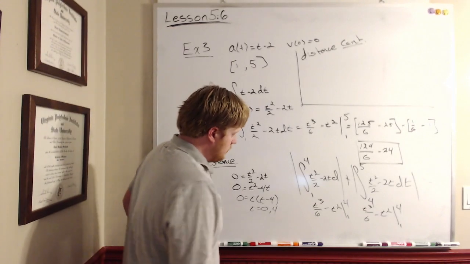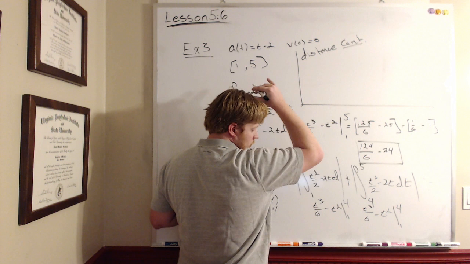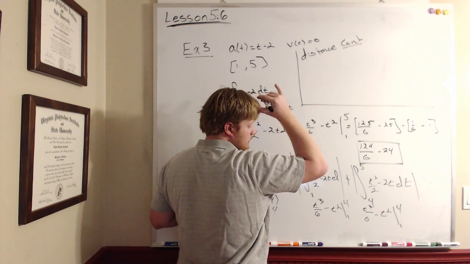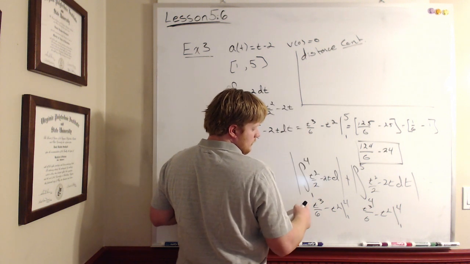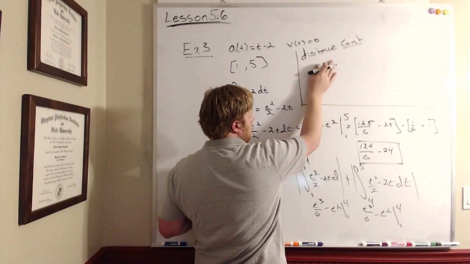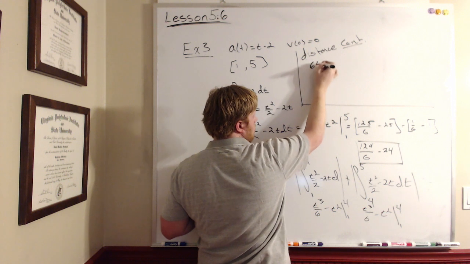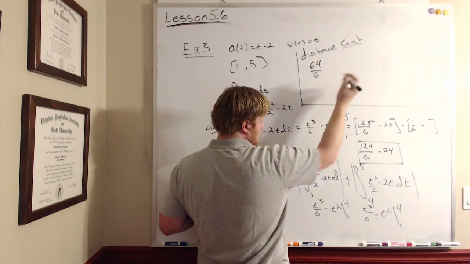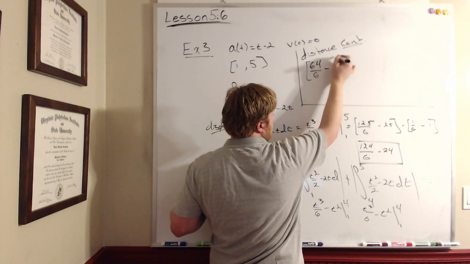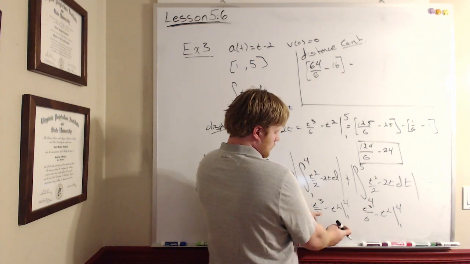Distance continued. Okay, so we'll have a 4 cubed over 6. Let's see, 4 cubed is 64 over 6 minus 4 squared is 16. Minus 1 cubed over 6 minus 1.